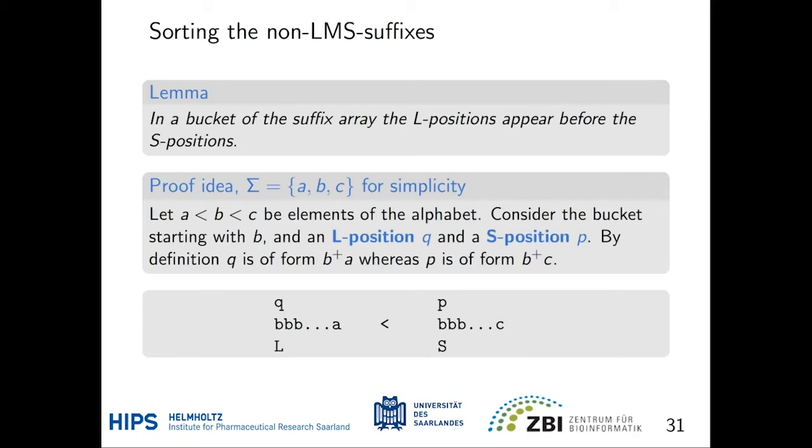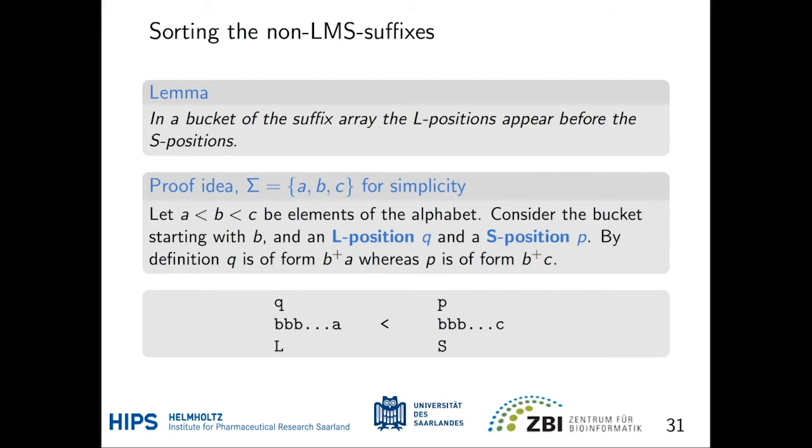We can prove a lemma that in a single bucket of the suffix array, all L positions appear before S positions. As an idea of the proof, let's consider a simplified alphabet that consists only of 3 characters, A, B, and C, where A is smaller than B, and B is smaller than C. And consider the bucket for all suffixes starting with B, and an L position Q and an S position P in it.